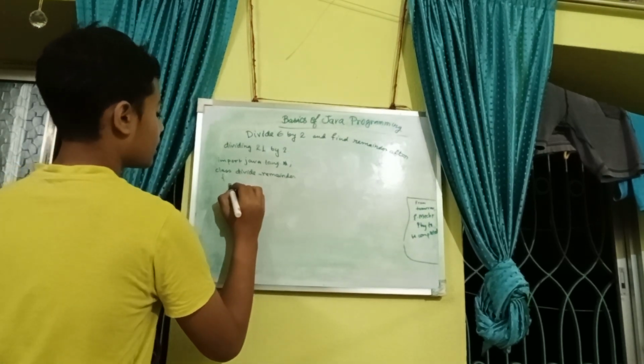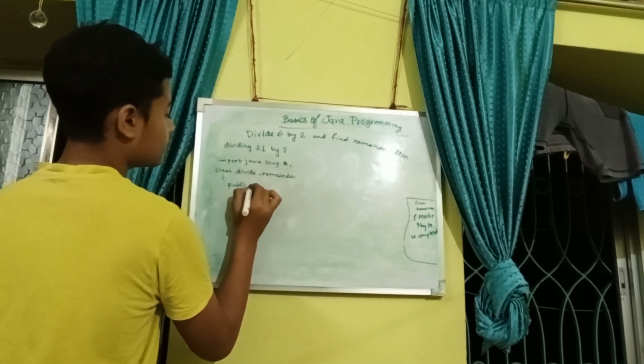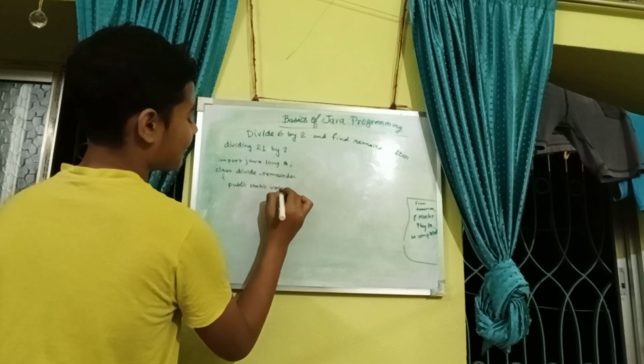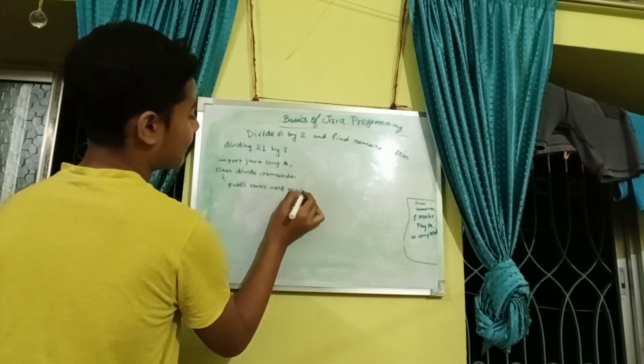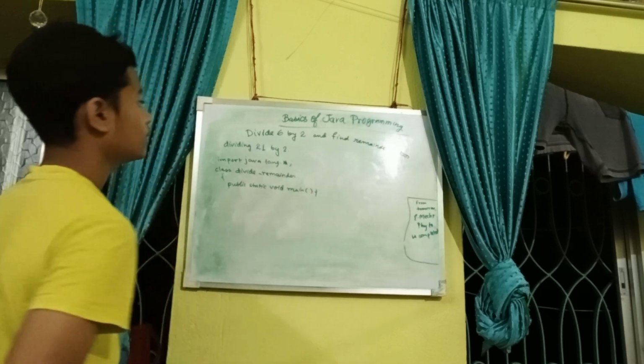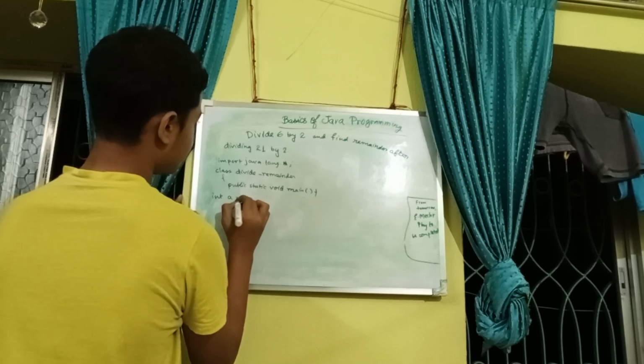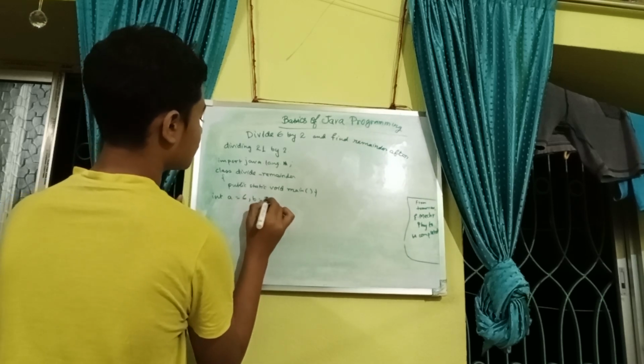So again, public static void main, then bracket open. Divide 6 by 2: initializing int a is equal to 6, b is equal to 2.